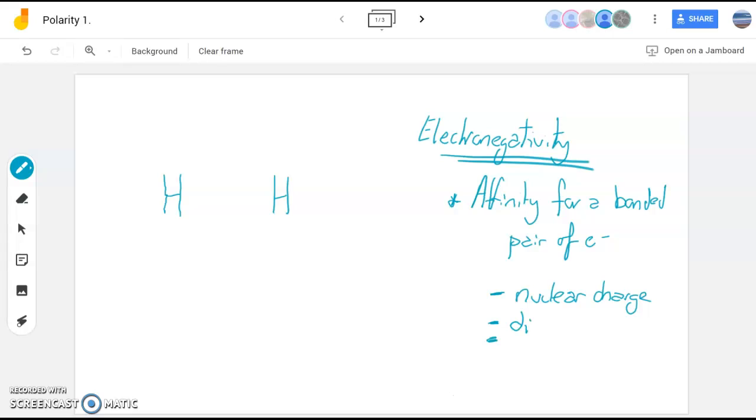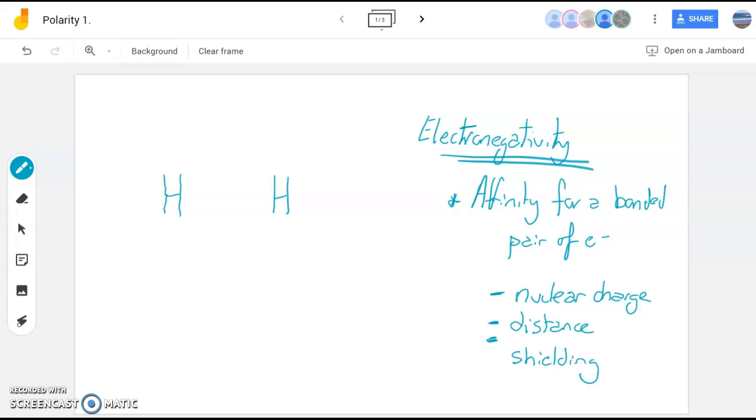But as the distance increases between valence electrons and bonded valence electrons, that attraction decreases, and same when you increase the amount of shielding. So as there's more energy levels between the valence electrons and the nucleus, the attraction decreases, the electrostatic attraction. So electronegativity also decreases.